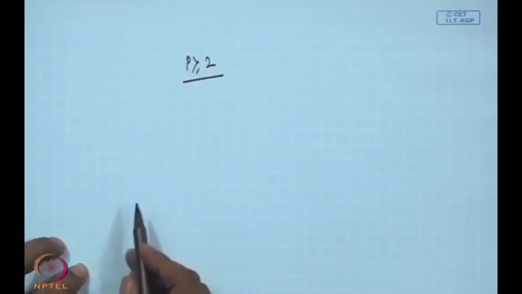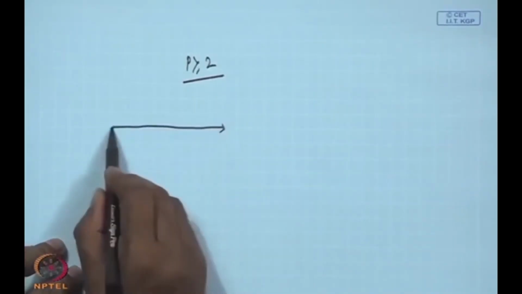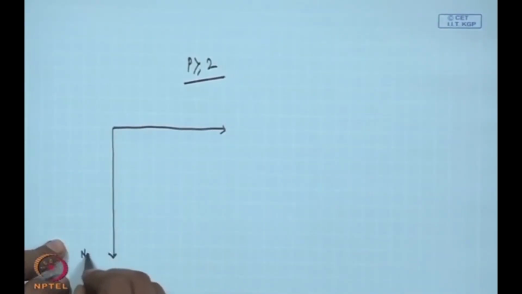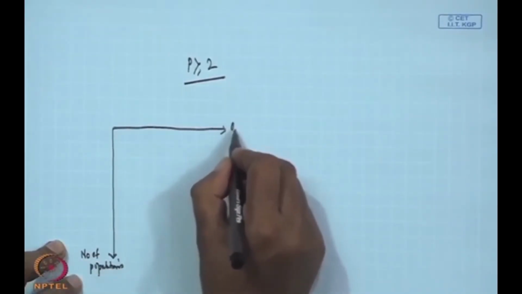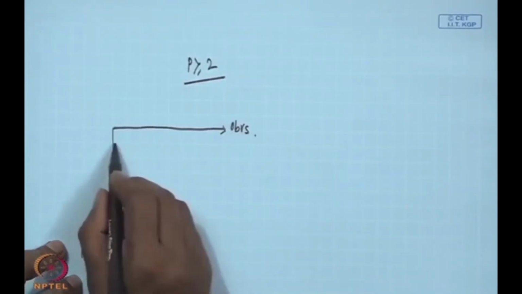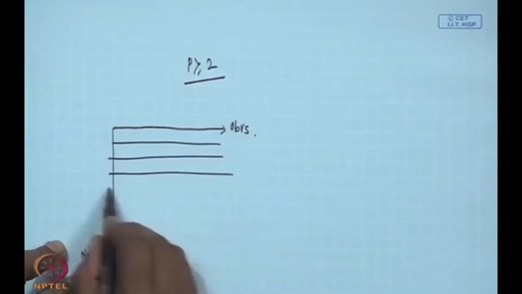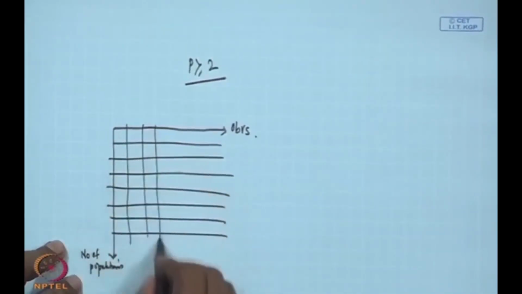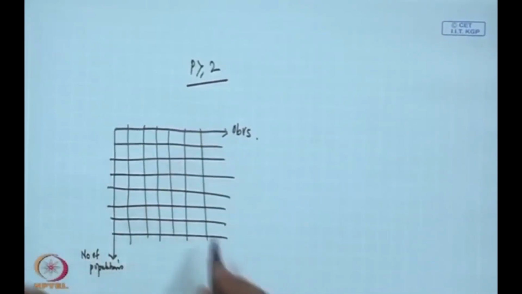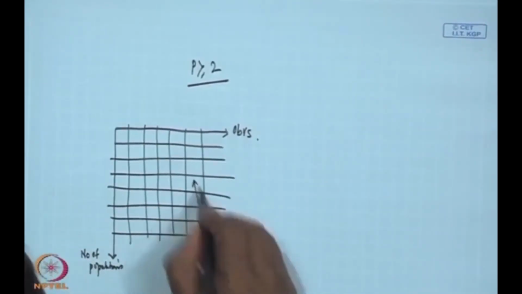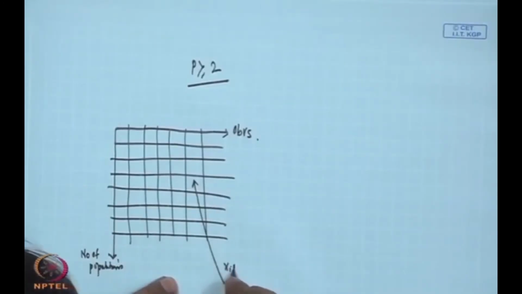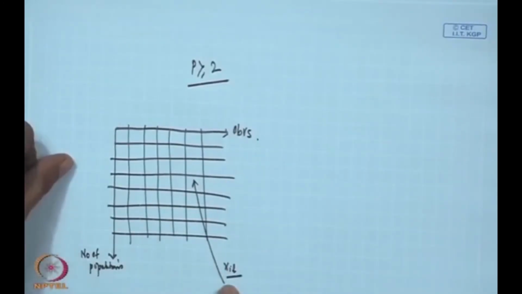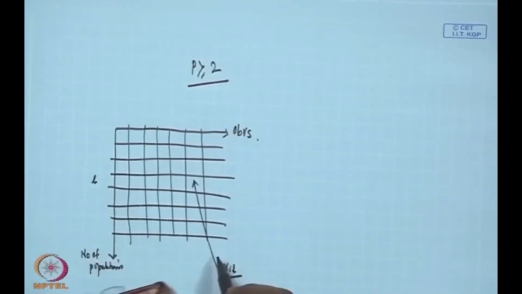In ANOVA, this axis is the number of populations and this axis is observations, and for different populations you have obtained certain observations, and somewhere there is one observation which is xil, the ith observation on the lth population, and it is a scalar quantity.